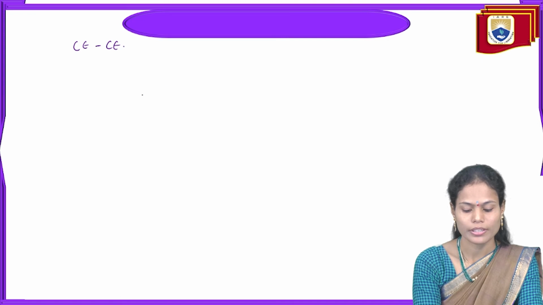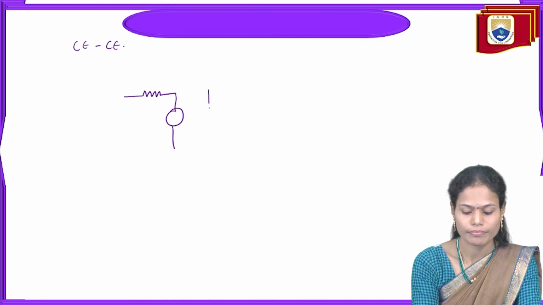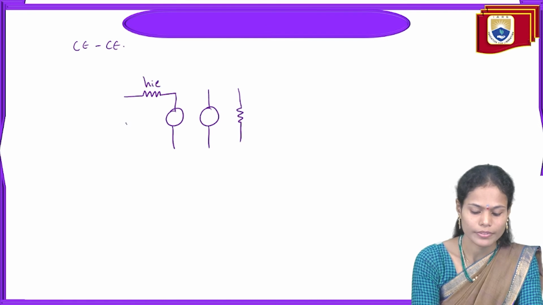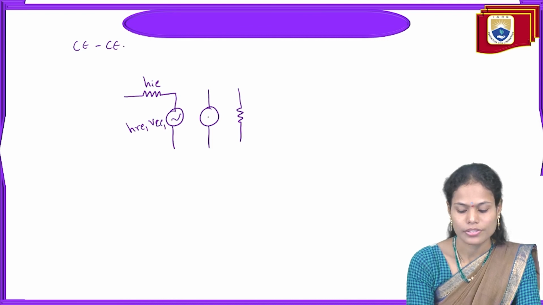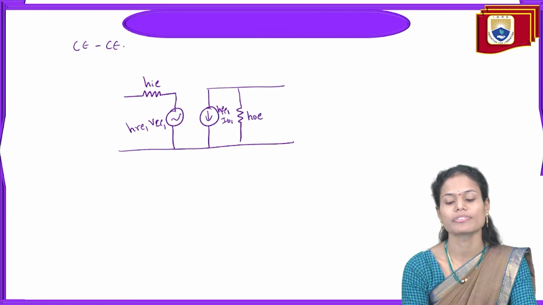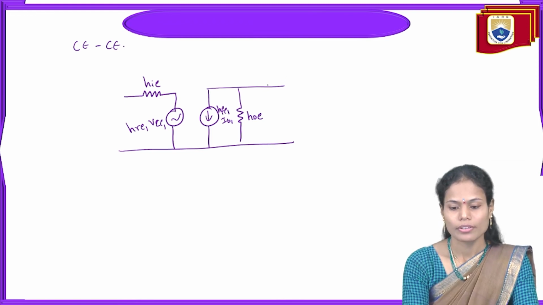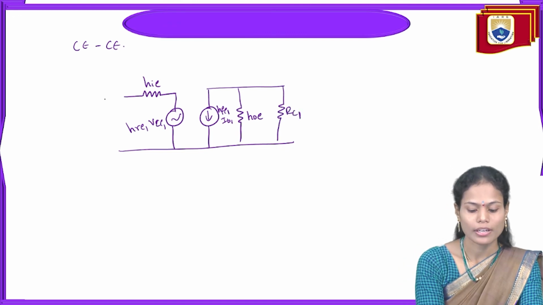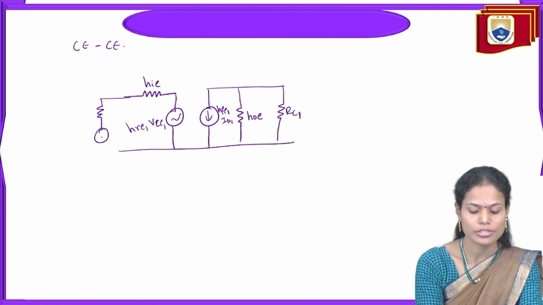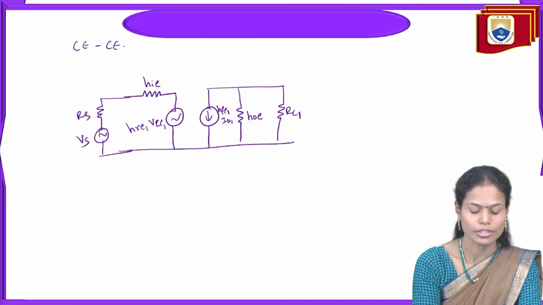So that's why I'm taking the first H parameter model, HIE1, HRE1, VCE1, and this is HFE1 into IB1. This is HOE. So this is the hybrid equivalent circuit for the first stage. And we are also having the collector resistance RC1 of the first stage. And along with this, we are having the source resistance and source voltage RS, VS.